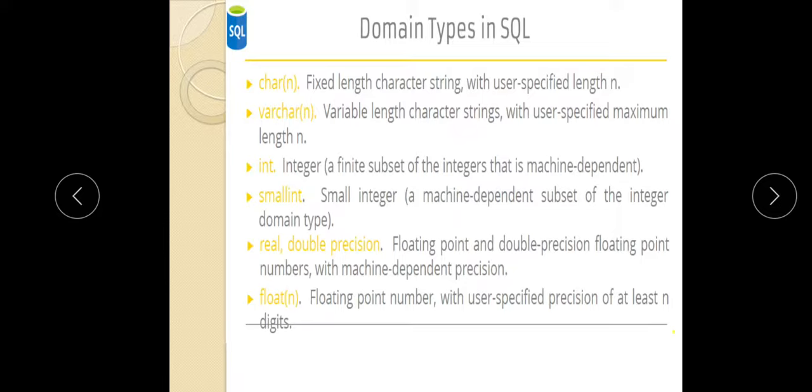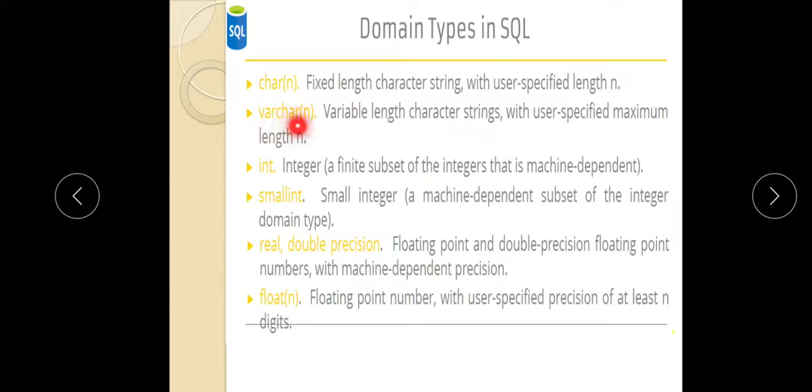Domain is the allowed, permitted values that we can store in the database. That is actually mentioned in the data type. So what are the different data types? Char of n: fixed length character with the user specified length. If we wish to store a character string of length 10, we have to give char of 10.